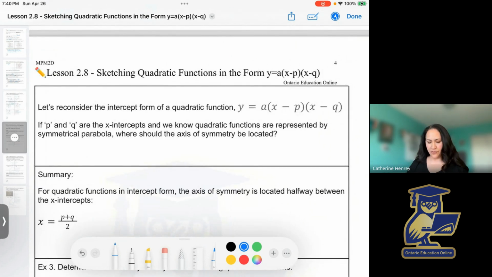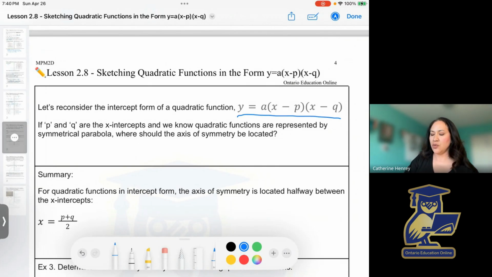So how would we find the axis of symmetry or the vertex for a quadratic function that is written in intercept form? So here we go with our intercept form, y equals a times x minus p times x minus q.